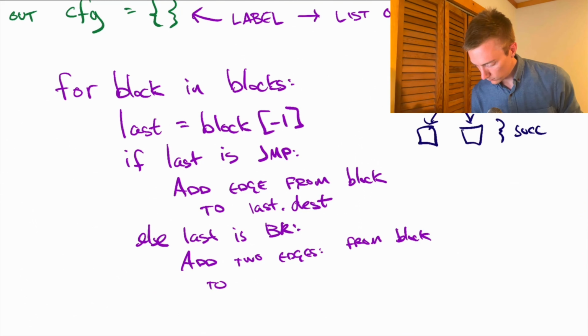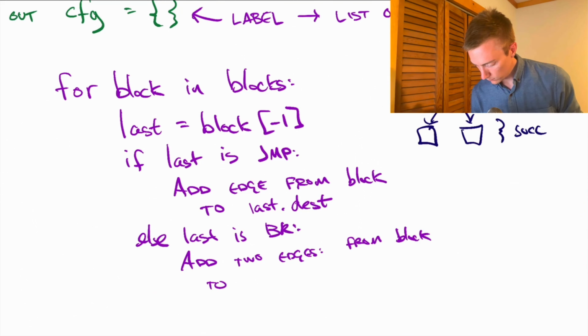I used last.true and last.false here to mean the two different destination labels of the instruction. That's just made up syntax for how you might traverse the actual AST for these programs. But I hope you are assured that it's not going to be that hard, regardless of whatever data structure you choose to represent instructions.